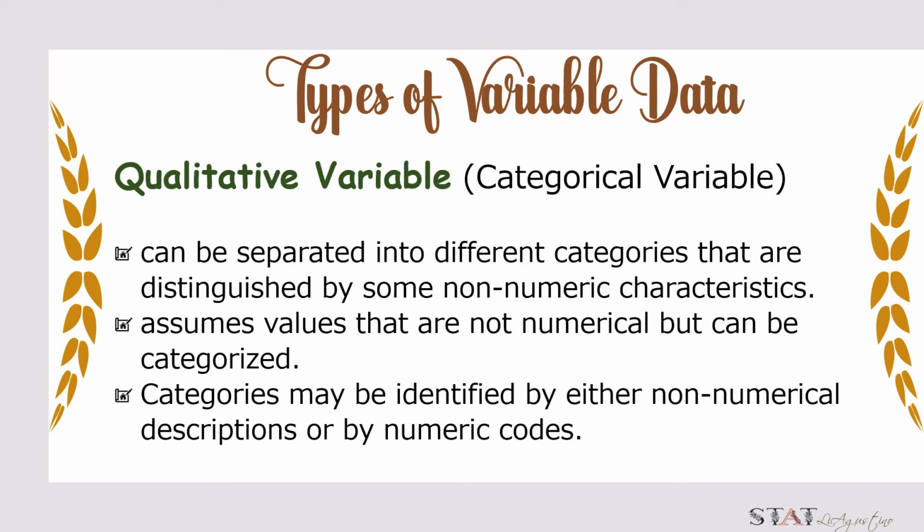And sometimes this assumes values that are not numeric but can be categorized. Not numerical but can be categorized. And then categories may be identified by either non-numerical descriptions or by numeric codes. For example, gender can be coded as male 0 and female 1.